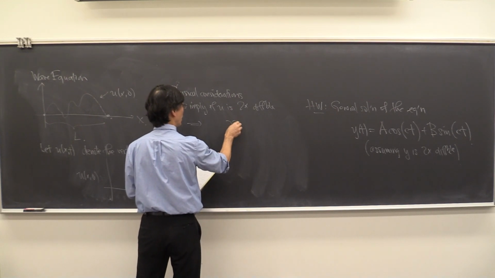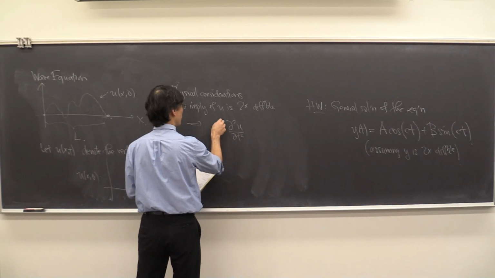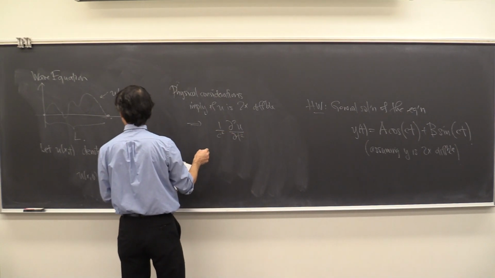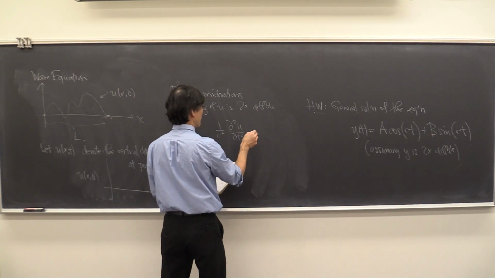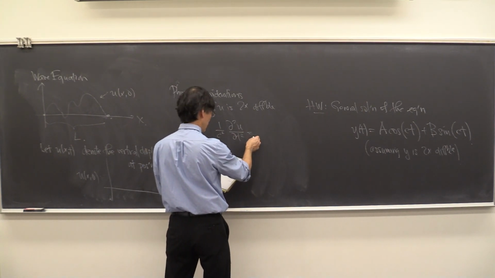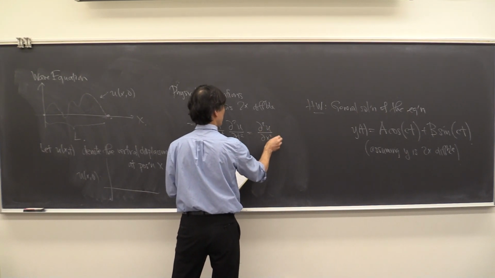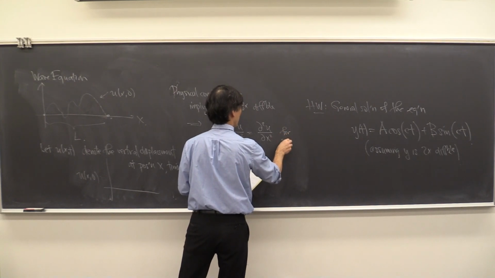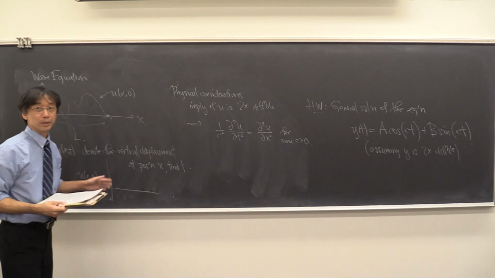That is, 1 over c squared times the second partial of u with respect to time equals the second partial of u with respect to x, for some constant c. Okay, so this thing is called the wave equation.